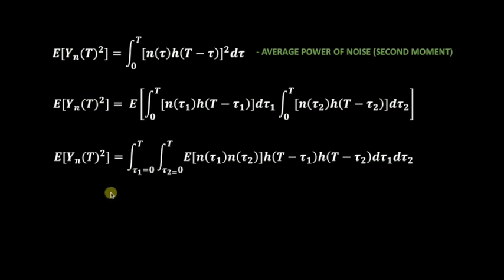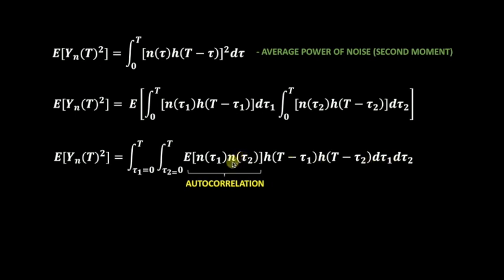So we will now have a double integral from tau 1 equal to 0 up to capital T, from tau 2 equal to 0 up to capital T, and then we're just going to take the expectation of n of tau 1 multiplied to n of tau 2. Since our impulses are deterministic, we're not going to include them inside this expectation operator. So we're going to leave this outside: h of t minus tau 1 multiplied to h of t minus tau 2 d tau 1 d tau 2.